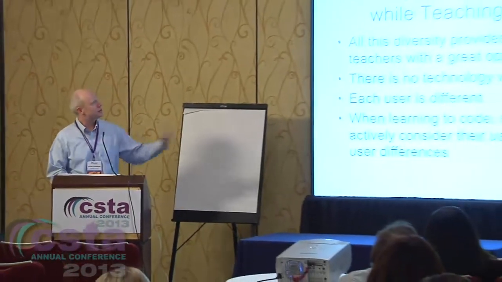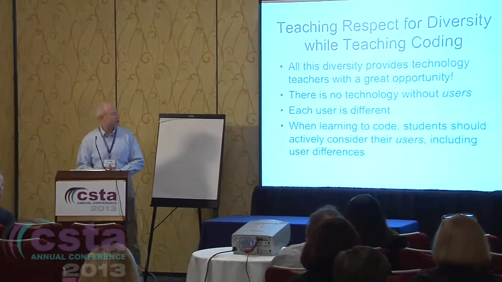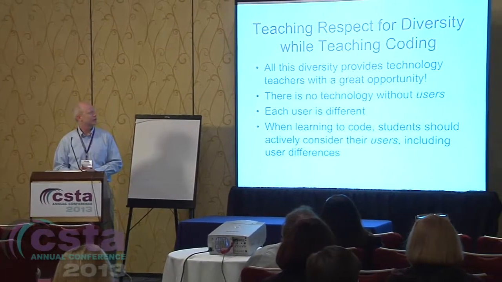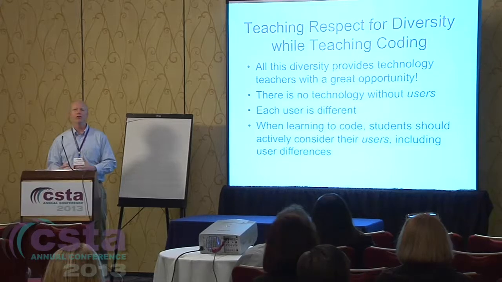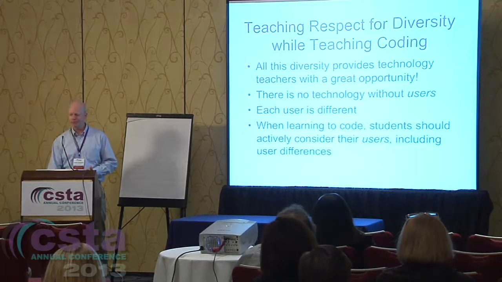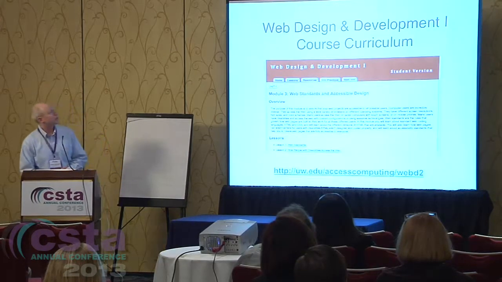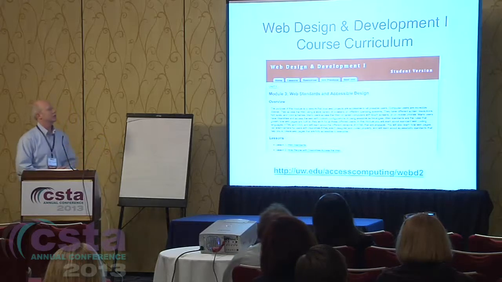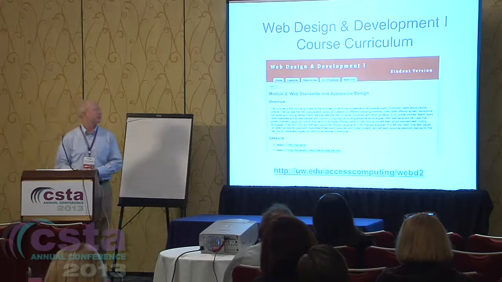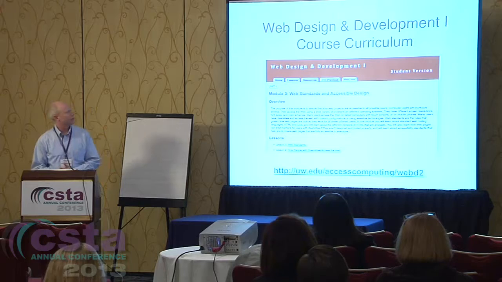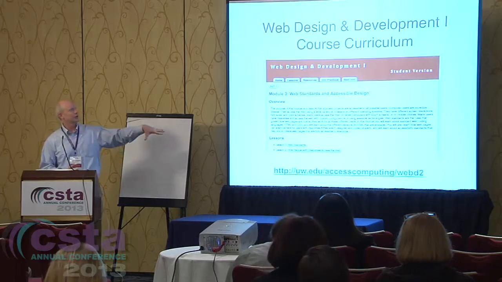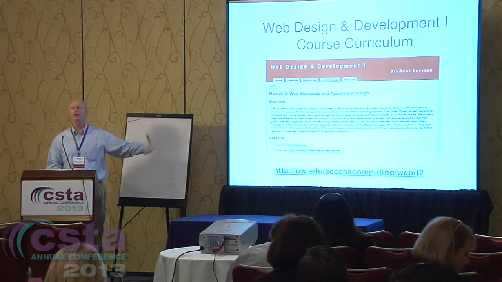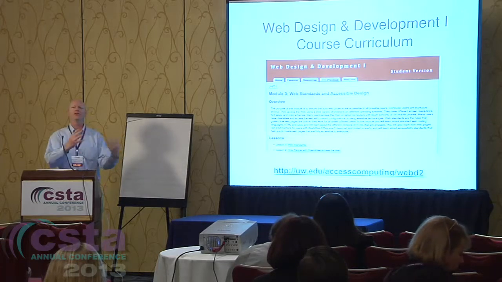There is no technology without users. So it's important to keep those users in mind. Each user is different. So as we're learning to code, students should actively consider their users, including all these user differences that we're talking about. So the curriculum that we have developed seeks to do that. Very early on in the curriculum, we talk about accessibility standards and all of this diversity.